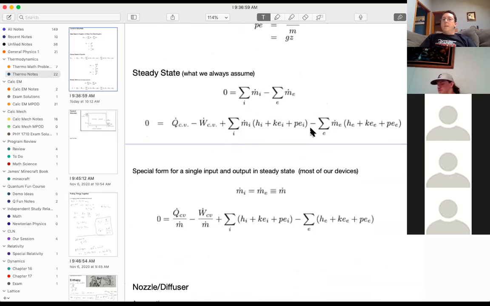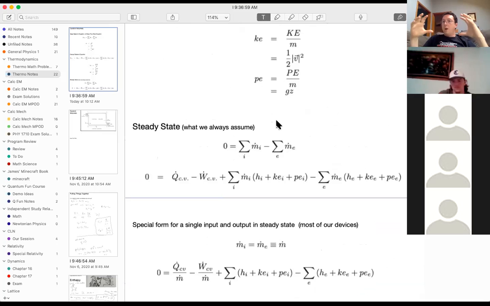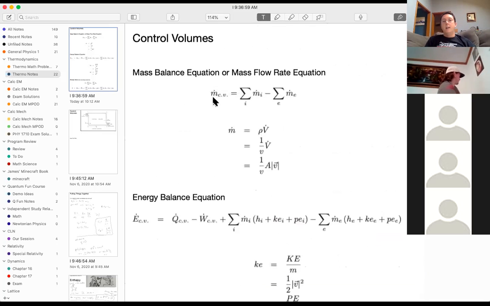Okay, steady state, which is what we will always assume for our problems. Steady state means that inside that volume, none of the properties are changing. So basically up here, the m dot for the control volume or the energy dot for the control volume are going to be 0. That doesn't mean that nothing happens.